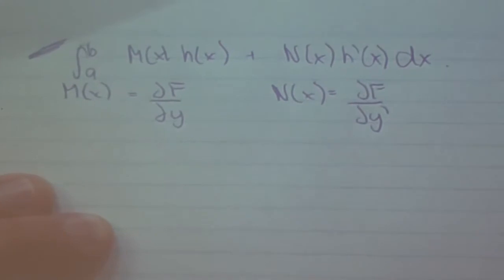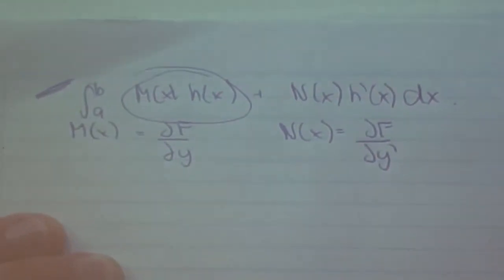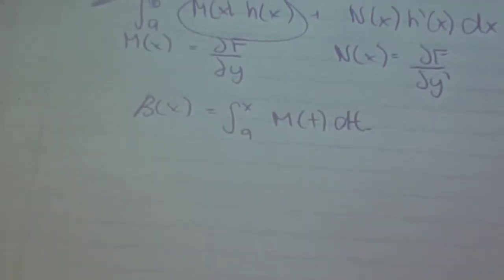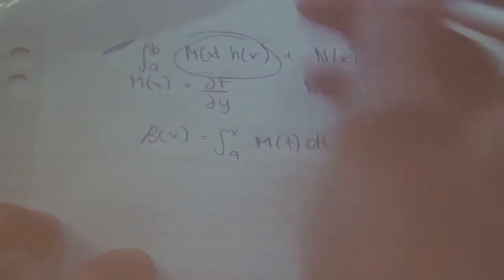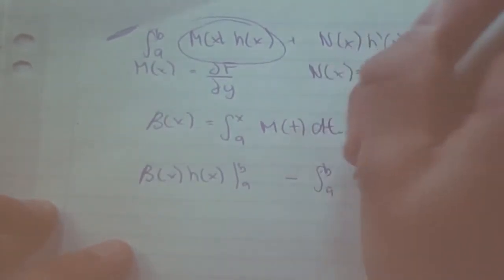Now, because we're integrating by parts with respect to this term, we let beta of x equal the integral of m. So we now integrate this term by parts, and we get beta of x, h of x, from a to b.